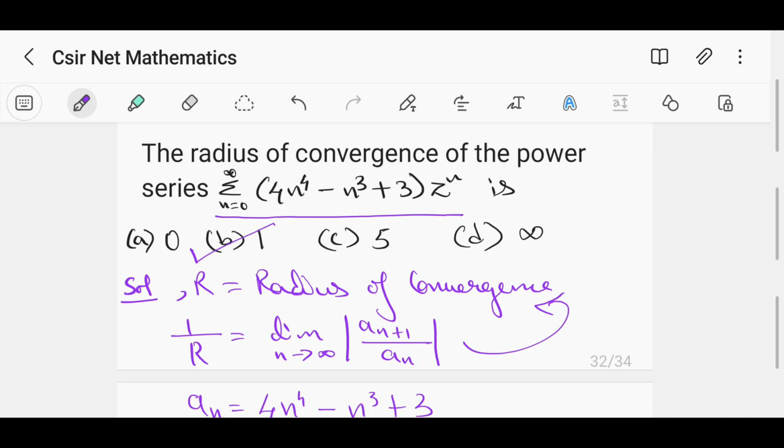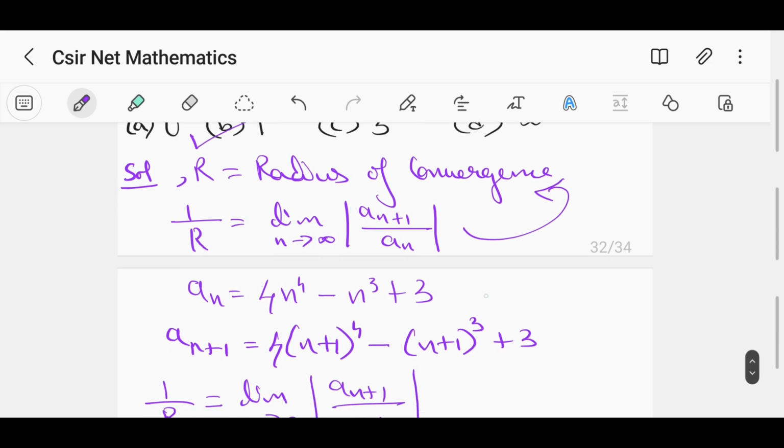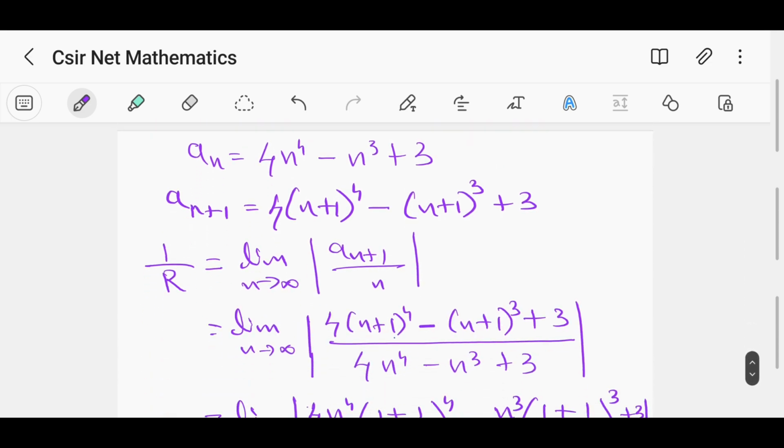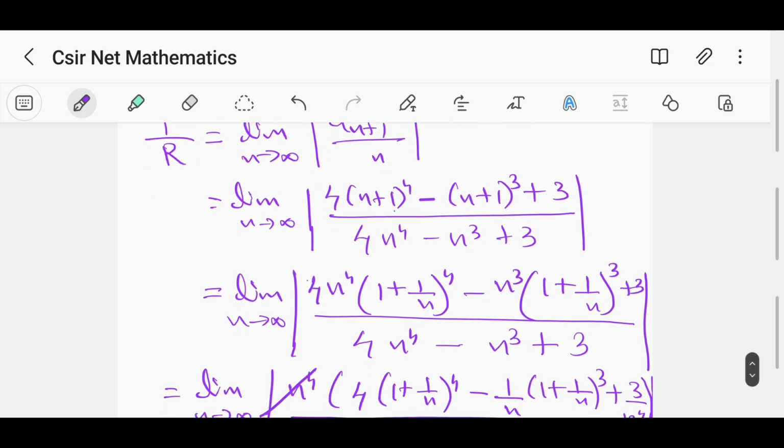Let us just have a recap of the problem. So here we need to find the radius of convergence. So just take this term 4n to the power 4 minus n cube plus 3 as an, and write an plus 1. Then take 1 by r is equal to limit as n tends to infinity an plus 1 by an with the modulus sign. Then write down the terms.